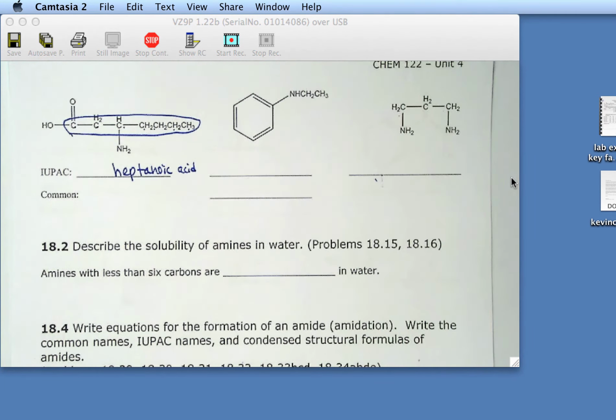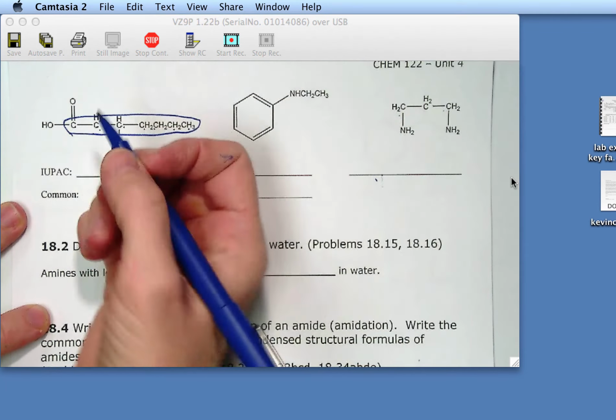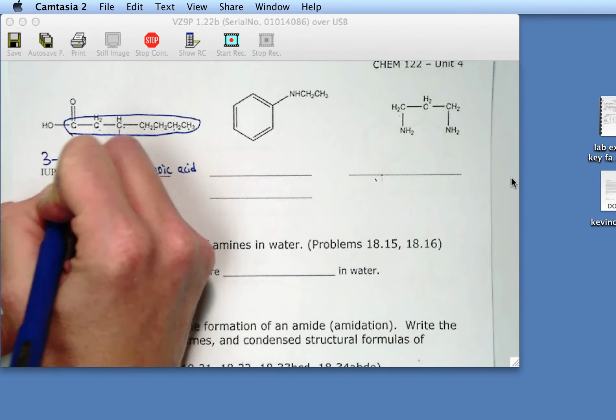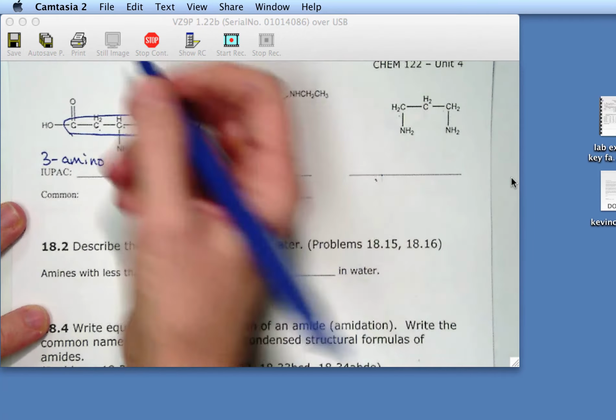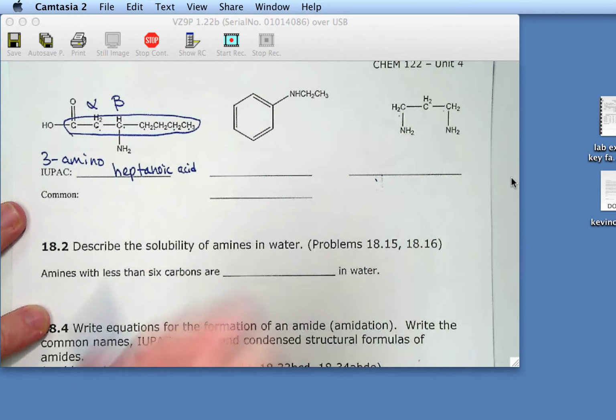And then on 1, 2, 3, the beta carbon is an amino group. But we don't put beta in the name. Just use it as a reference point. So this is the 3-amino heptanoic acid. And this is alpha, and that's beta, and that would be gamma.